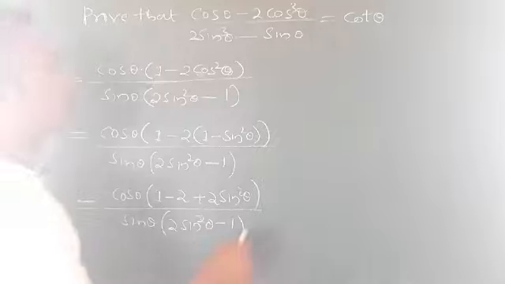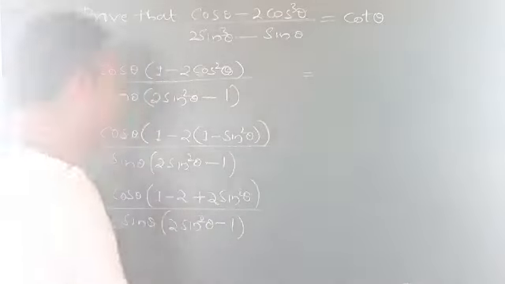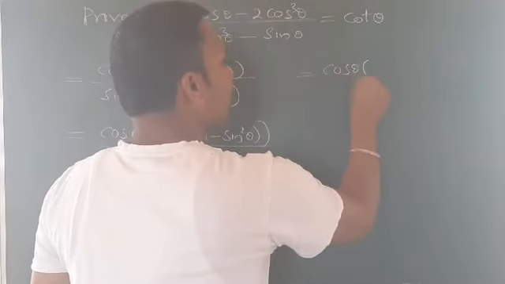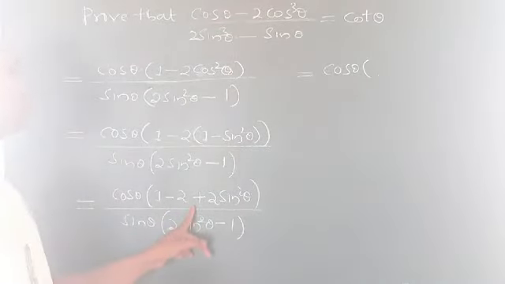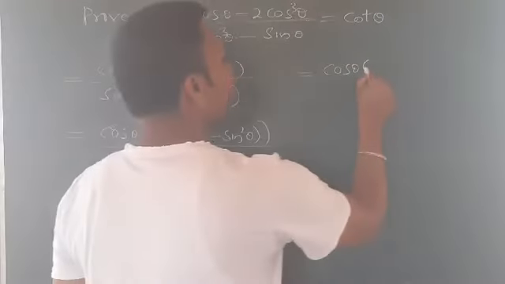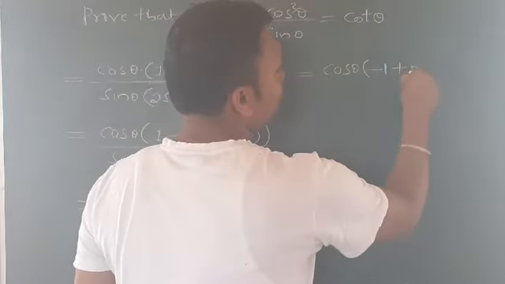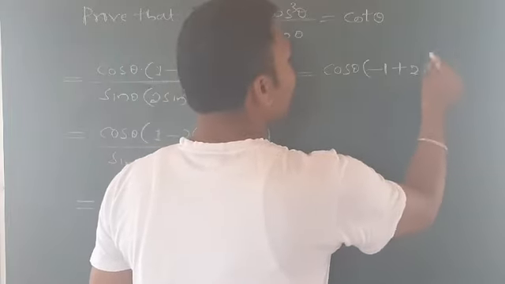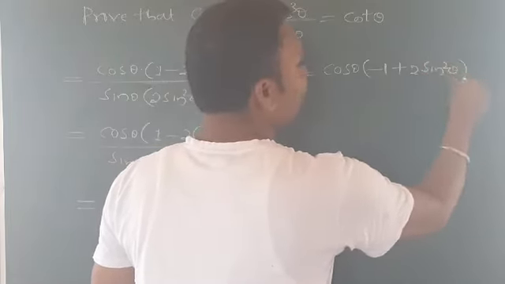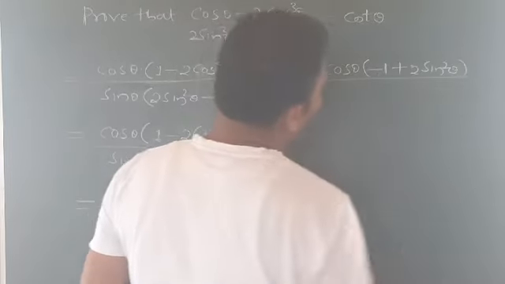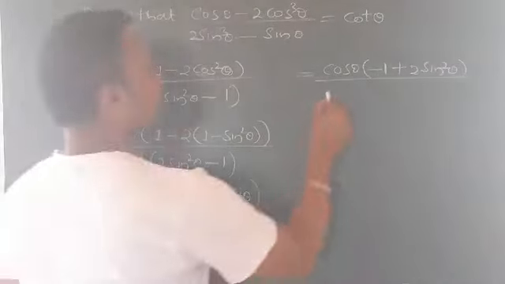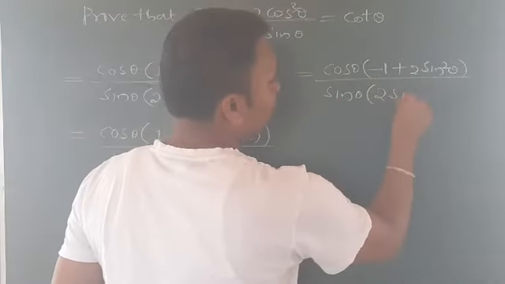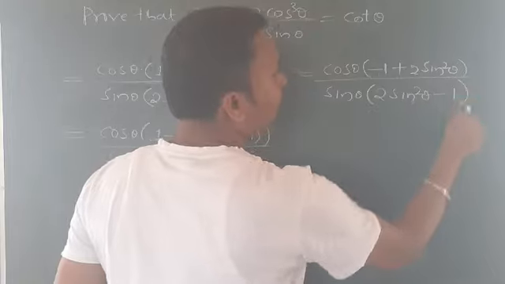Now the next step, let me write here: cos theta as it is, and 1 minus 2 gives us minus 1 plus 2 sin square theta. Again sin theta as it is, and 2 sin square theta minus 1 as it is.